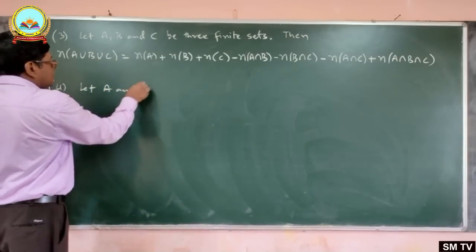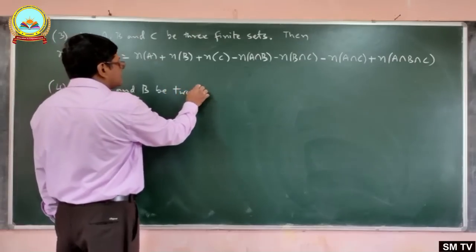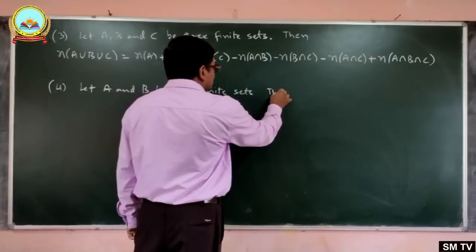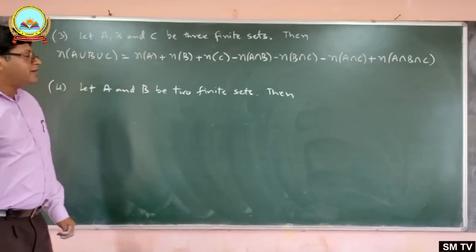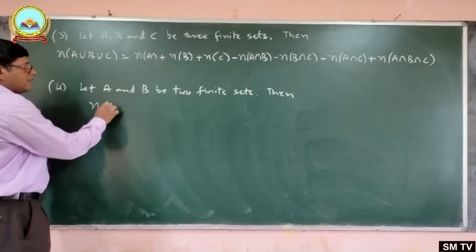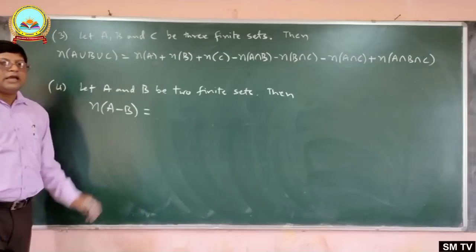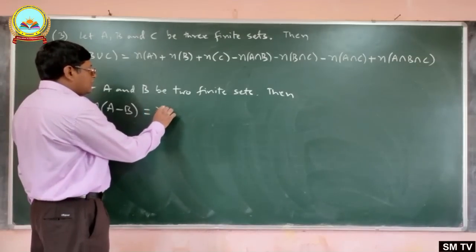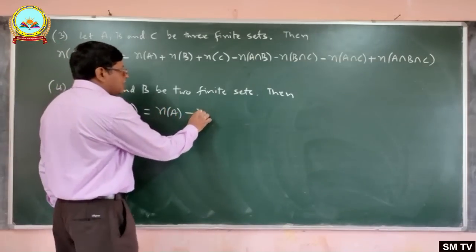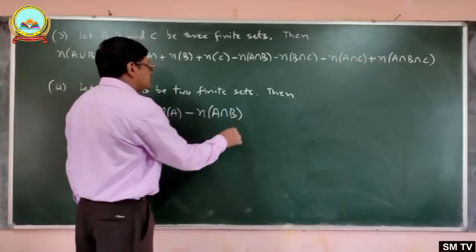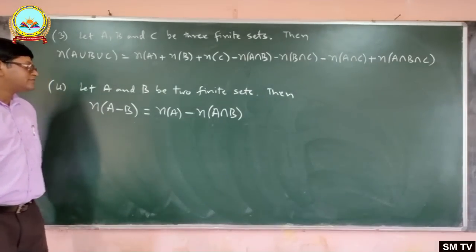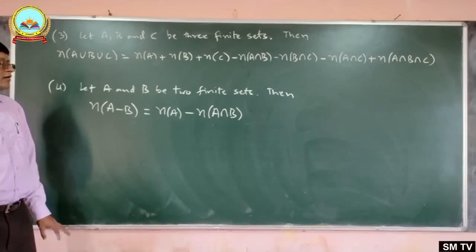Let A and B be two finite sets, then n of A minus B, the number of elements present in the set A minus B, is equal to n of A minus n of A intersection B. Okay, the proof is very simple, so I'm not going to prove this.